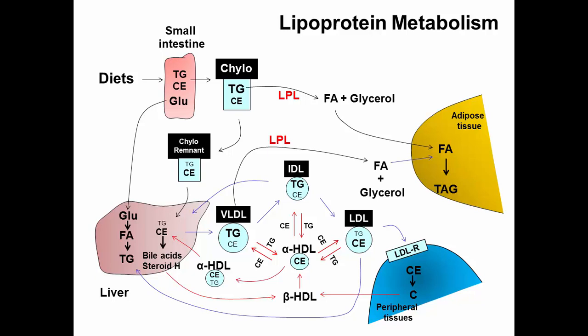So, for example, in the fed condition, right, we absorb lots of lipids, and these lipids need to be transported into the tissues, particularly the adipose tissue and liver. So chylomicron is the lipoprotein that's synthesized in the small intestine, and it carries primarily triglyceride, and also some cholesterol esters, from the small intestine to the adipose tissue for storage, right?